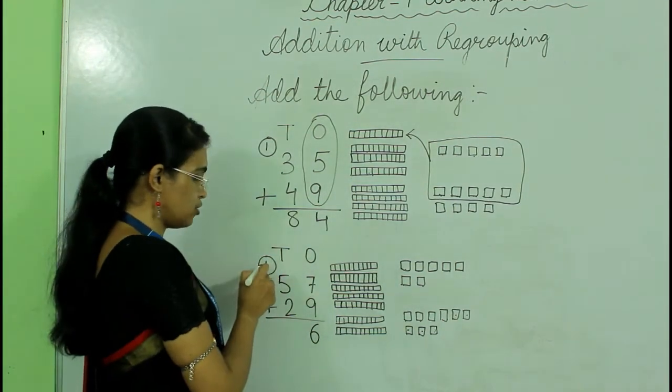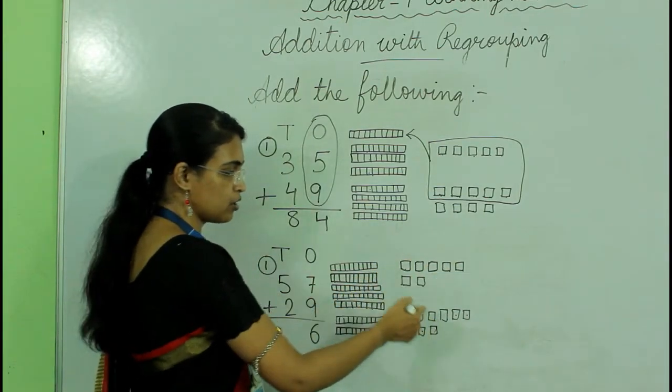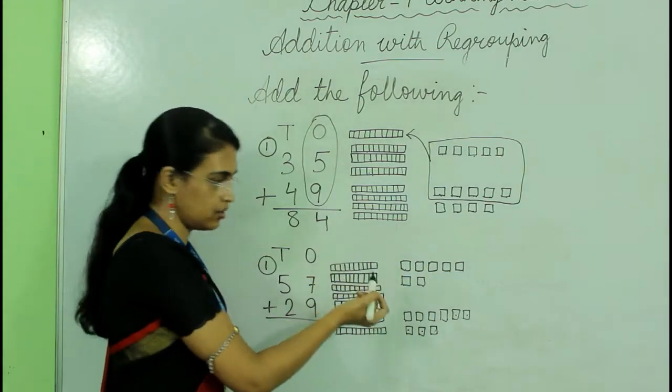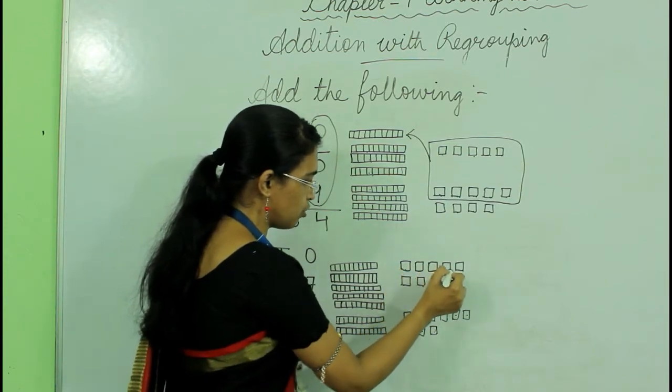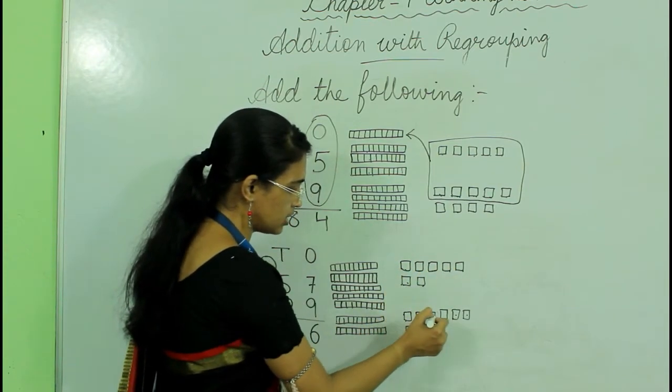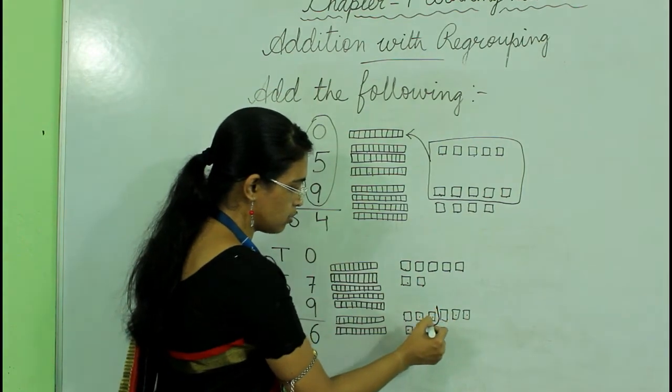Now for this one we have to take 10 blocks from here and make it a 10. Let's count. 1, 2, 3, 4, 5, 6, 7, 8, 9, 10. So we got the 10 blocks.